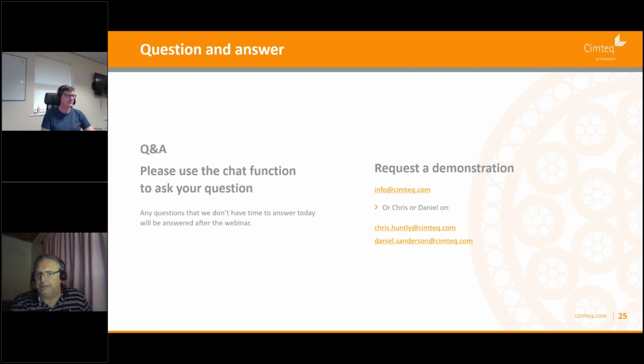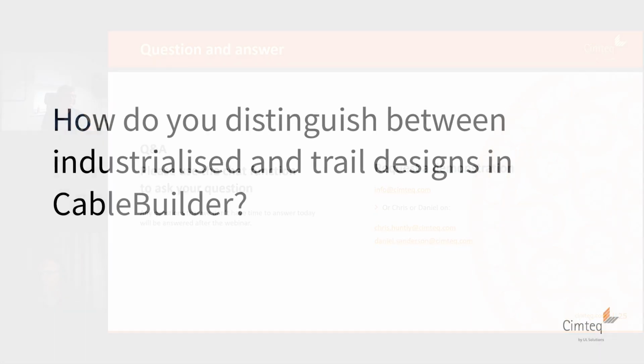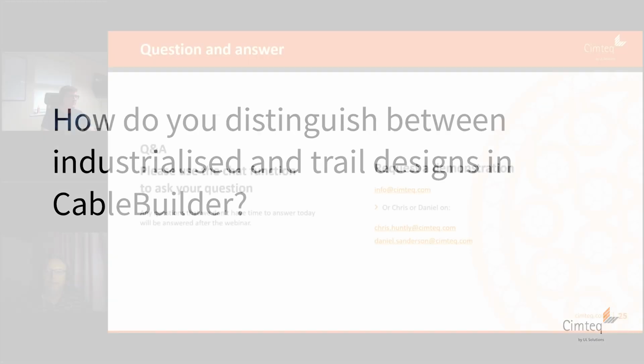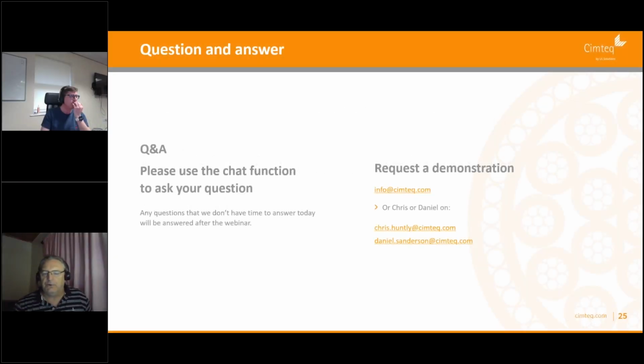There's another CableBuilder question here. How do you distinguish between industrialized and trial designs? There's many ways you can do it. It's according to the way your company is set up. To give an example of how we used to do it in my organization, within our ERP we classified cables at the finished good level. So anything that was a conceptual design in the trial stage, the material group within the ERP was set to trial.